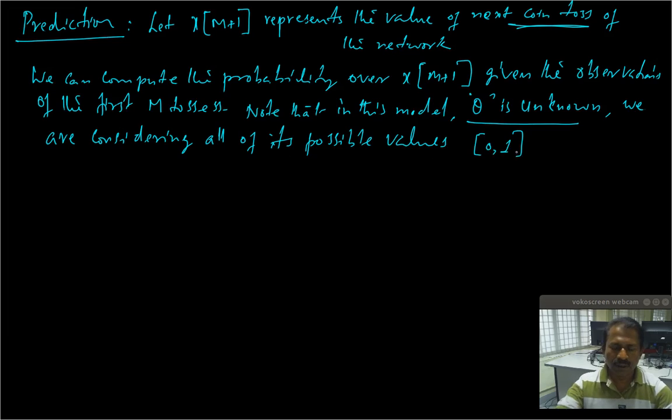So this is the difference between the MLE approach and this Bayesian approach, right? So in the MLE approach we were actually considering a single value for theta, right? Just an average, right? So let me express this mathematically.